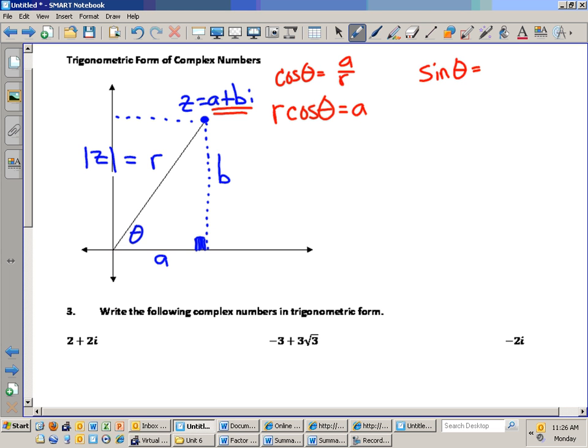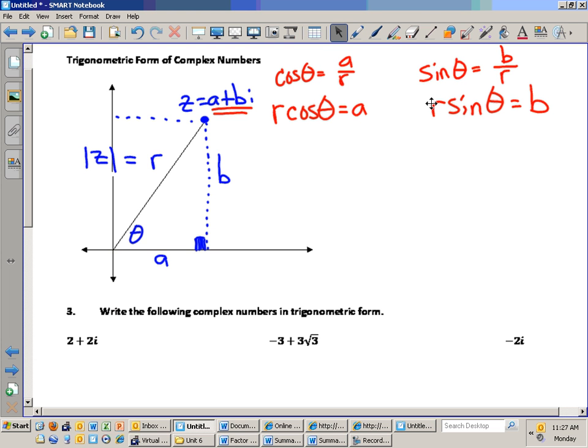Sine of theta, what is sine of theta equal to? Opposite over hypotenuse, or b over r. How do you solve for b? R times the sine of theta is equal to b. So you can see what I've done right now. I've solved for a, I've solved for b.